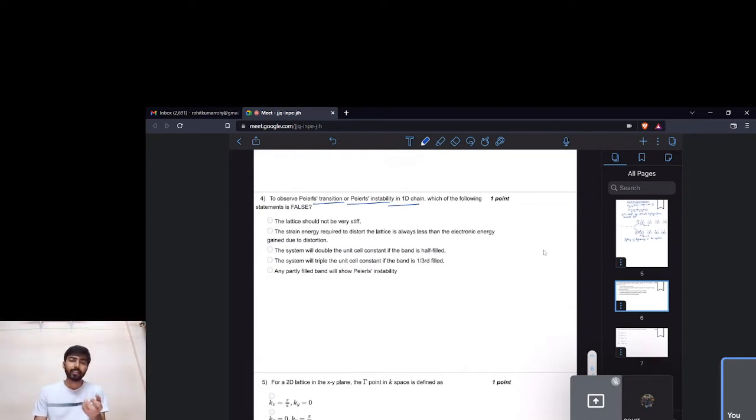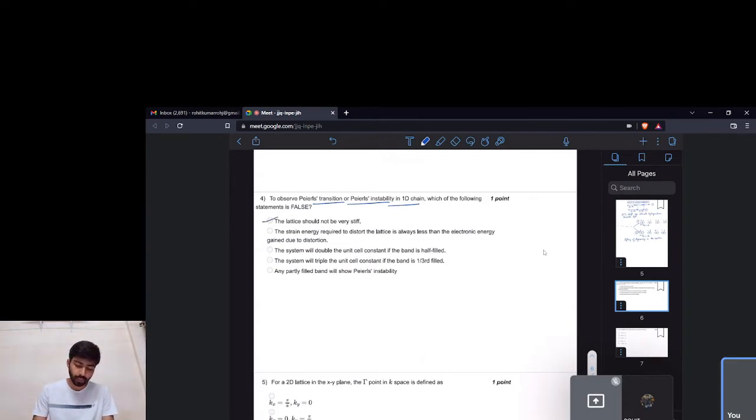The lattice should not be flexible, because if a very slight perturbation can shift it towards the left, and a very slight perturbation again leads to vibration of the system, and the system can achieve the state towards the right also, then we will not have that degeneracy lifting in the system. So the lattice should be very stiff for Peierls instability.